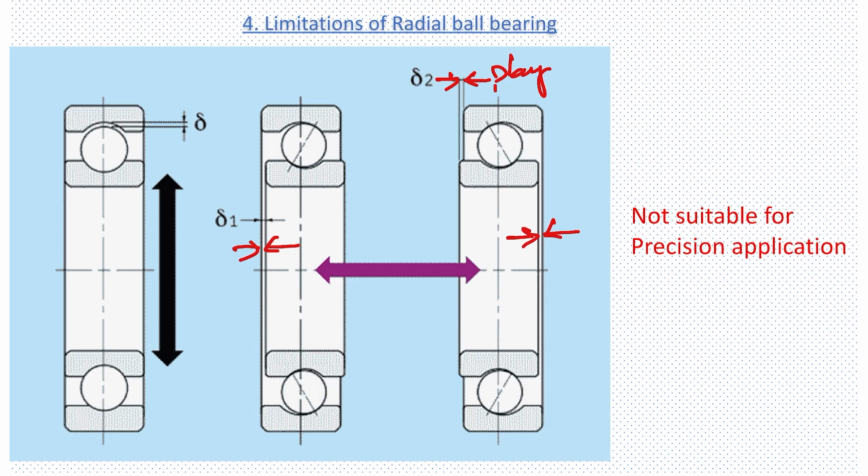See, because of this play, if the inner race and the outer race are loaded in these directions, they will touch in the corresponding area, and this delta will be the gap it creates, or we can say the play.